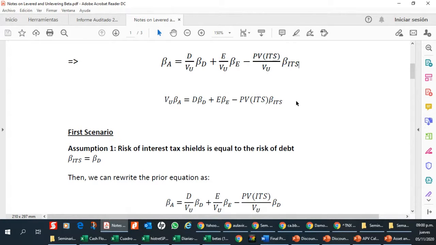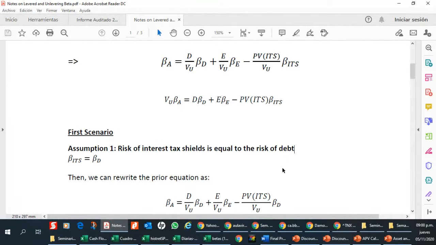By the way, the beta of interest taxes is the risk of interest taxes, and it's obviously related to the return, or the high return, for the interest taxes that we have mentioned before. This risk of the interest taxes can be assumed to be similar to the risk of the debt.